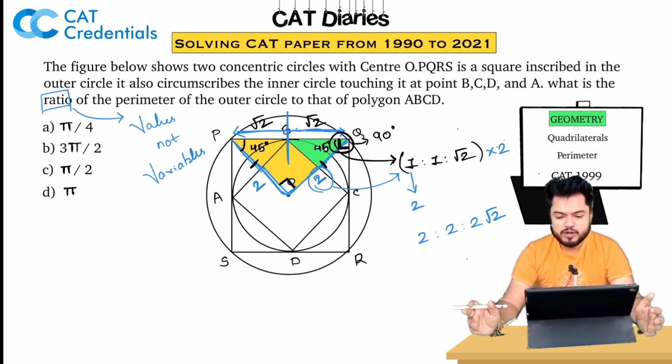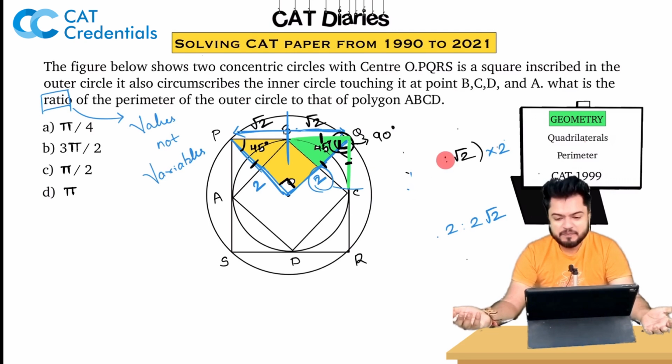This is what you have to remember: tangents drawn from an external point are always equal. So Q is an external point and I draw two tangents, QC and QB, from there. Both have to be equal. Which means now if I complete this green triangle, it becomes again a 45-45-90 triangle.